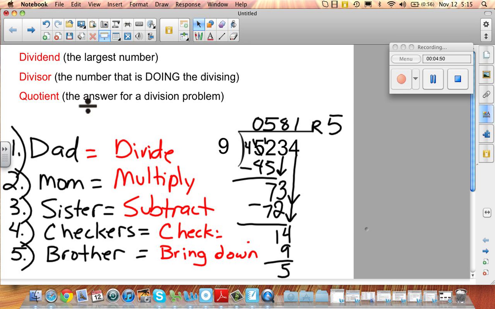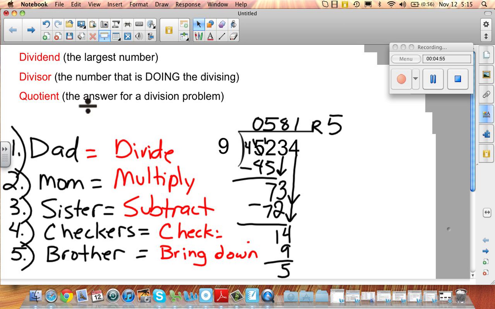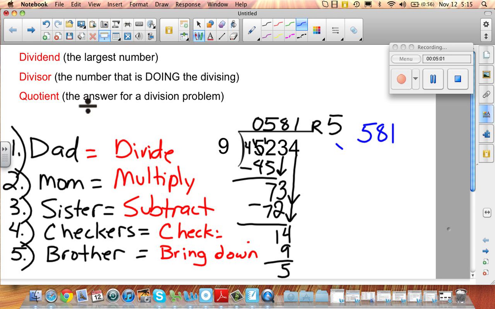Long division. Of course, I need to ask myself, does this seem reasonable? So I would want to check my work. I'd say 581 times, we know how easy it is to make errors, especially with subtraction, times 9. 1 times 9 is 9. 9 times 8 is 72. 9 times 5 is 45.